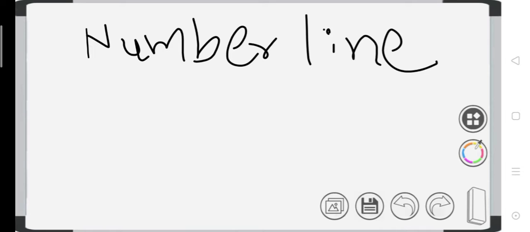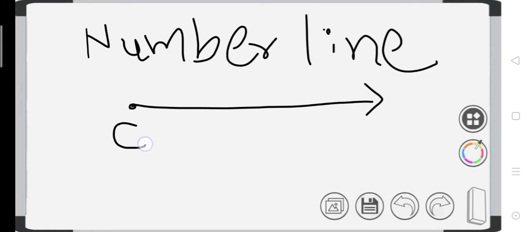Now the next topic is the number line. It means you have to show the numbers on a line. For example, this is the line and this is the starting point of the number line, and you mark it as 0.